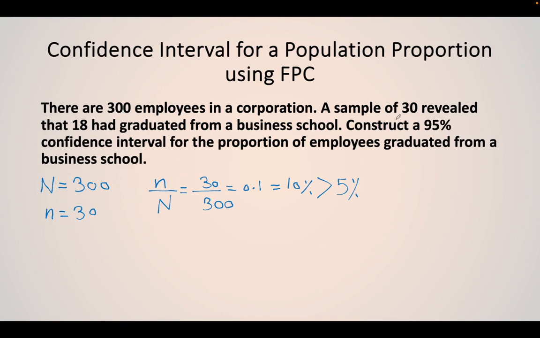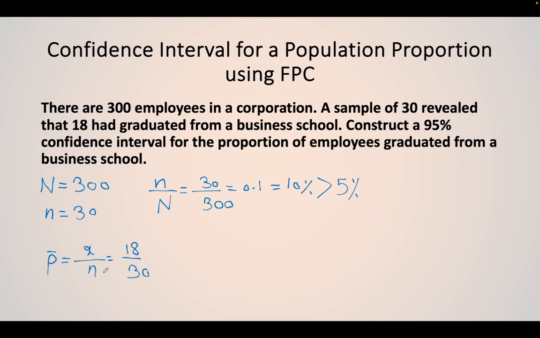From this sample of 30, 18 graduated from a business school. The sample proportion, the proportion of the employees graduated from a business school, is 18 over 30.